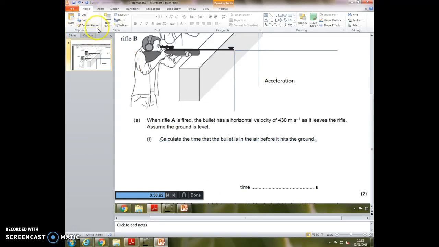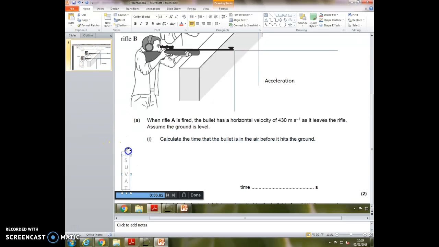So the first thing we need to do is find out what information we have and then try and solve it using that information. The first thing that we always do is create our list of known information. S, U, V, A, T.